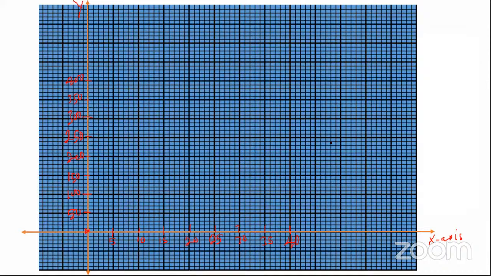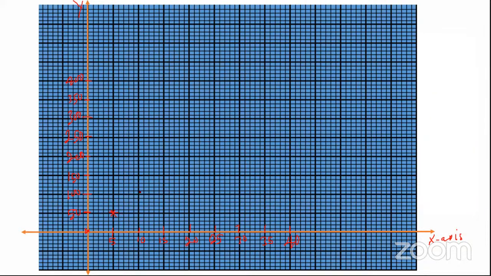So here, this is 5 on X and 50 on Y. So our point is going to be there, and that would be 5 and then 50.